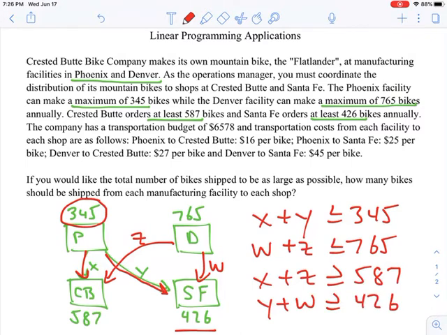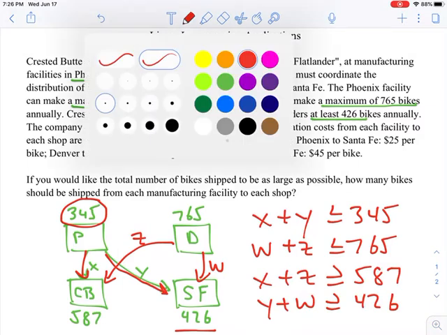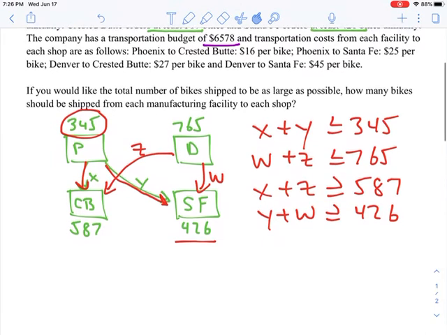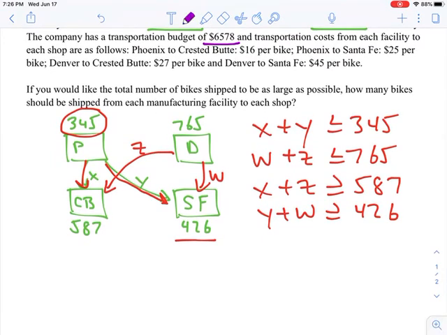But we are not done, because we have our transportation costs. The company has a transportation budget of $6578. I'm going to put that over here, 6578. The cost from each facility to each shop are as follows.